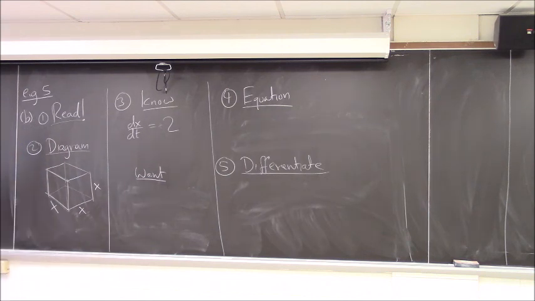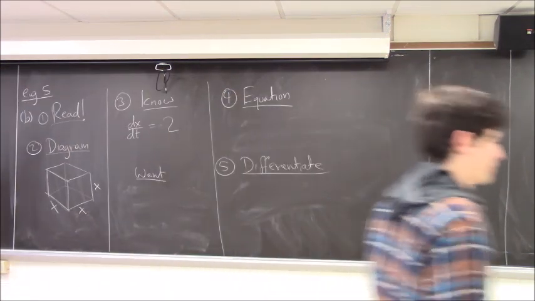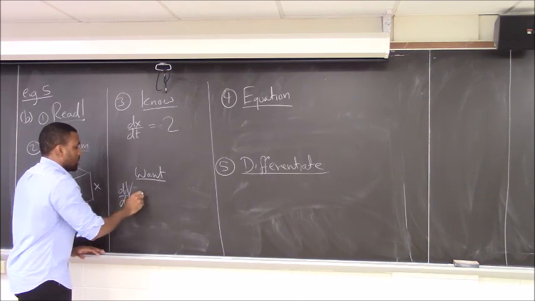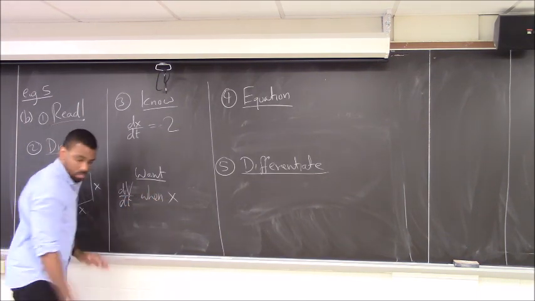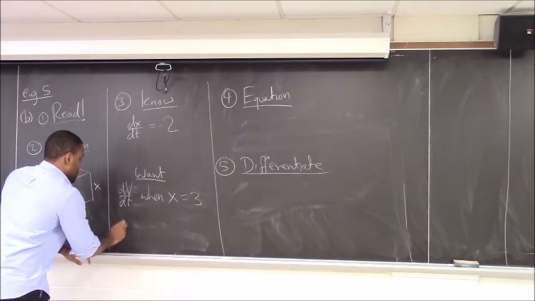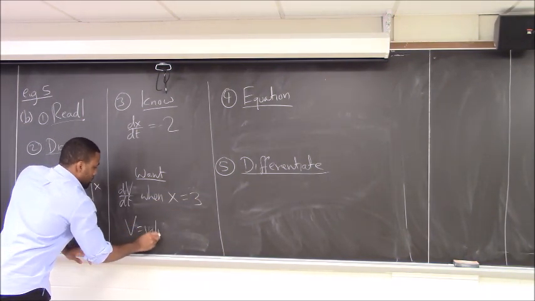Okay, so I have a cube whose side length is increasing at a rate of 2. What do we want to find here in part B? How fast is the volume changing? Yeah. So we need dV over dt when the side length is 3. So when x equals 3, where I'm describing V to be my volume.